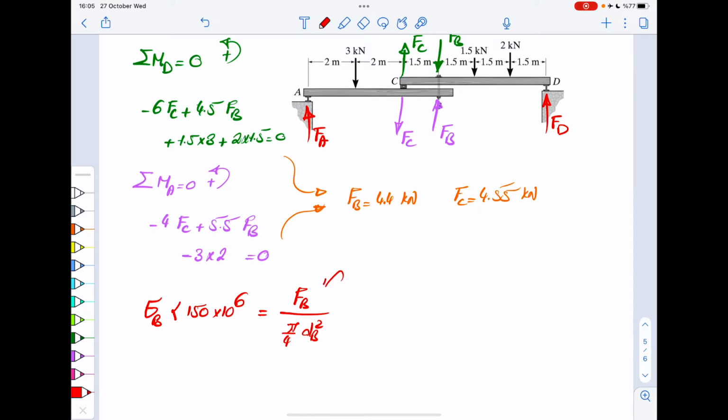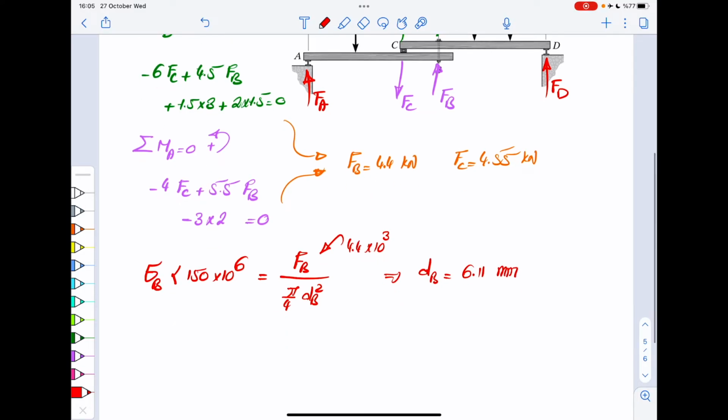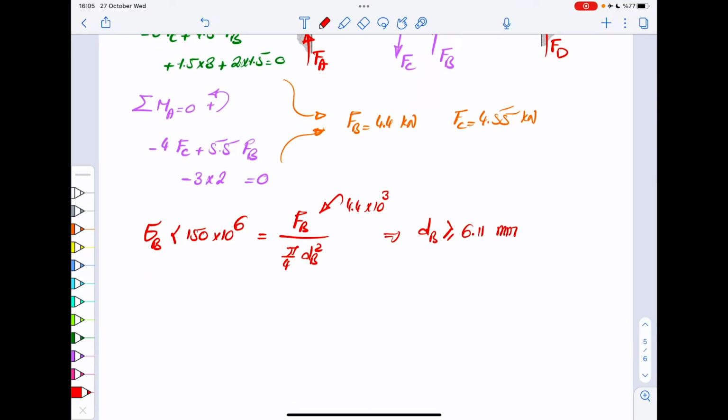Now we know what is FB. And from this, you can compute the diameter of the bolt. That's 6.11 millimeters, at least, okay? Or maybe it's better to write it as larger equal. That's sigma B.